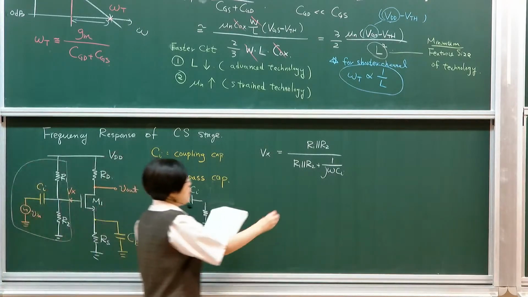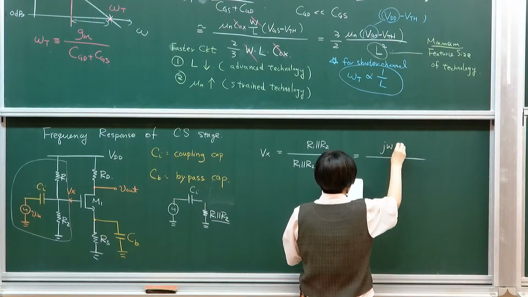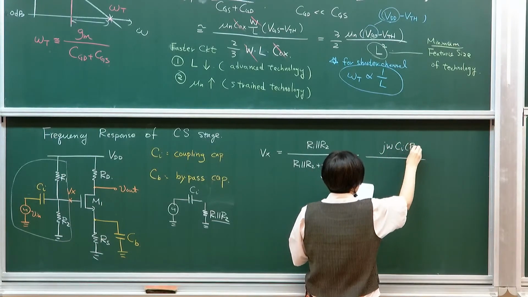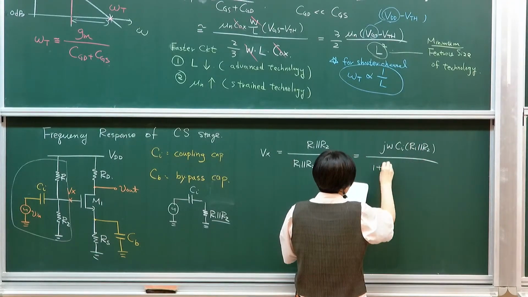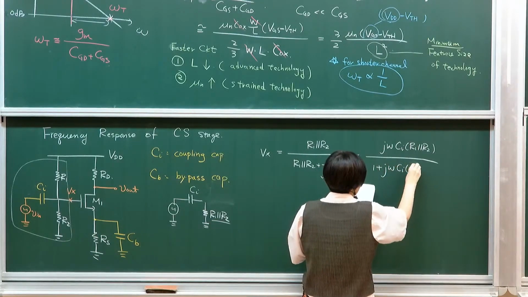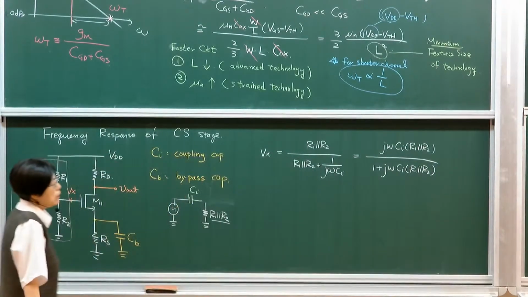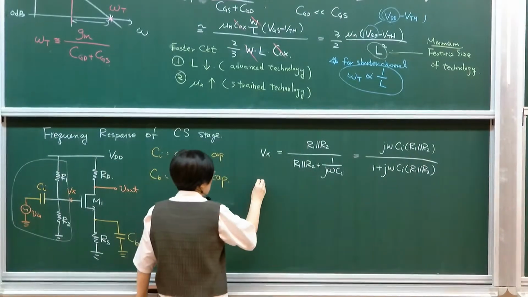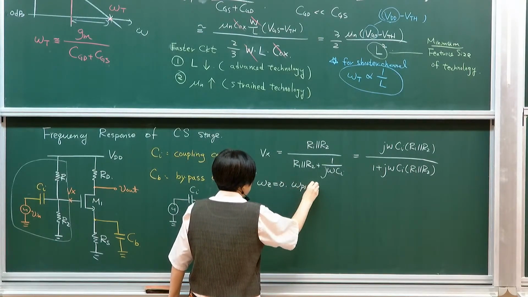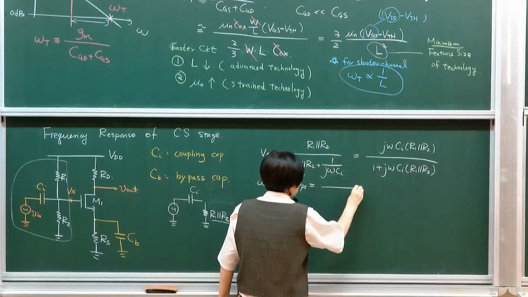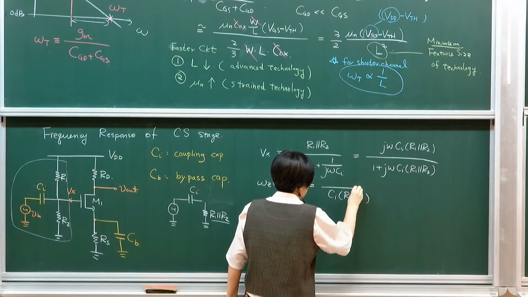So we already know that this gives j omega Ci R1 in parallel R2 over 1 plus j omega Ci R1 in parallel R2. This simply means that I will have an omega z at 0, and a first pole determined by Ci.